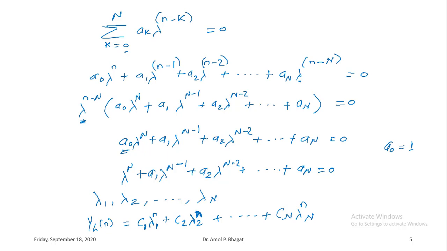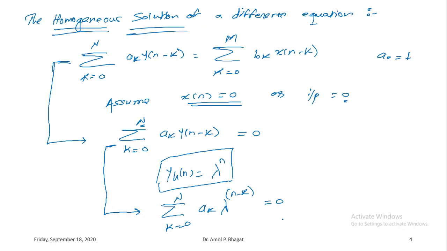That is the required homogeneous solution of the given difference equation. What we have done: initially we assumed the input as 0. After substituting input 0, we get some difference equation. In that equation, in place of y of n, you are substituting the value lambda to the power n.